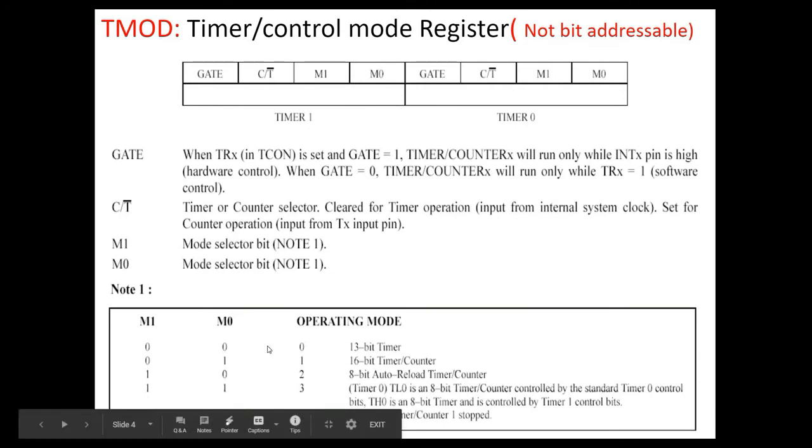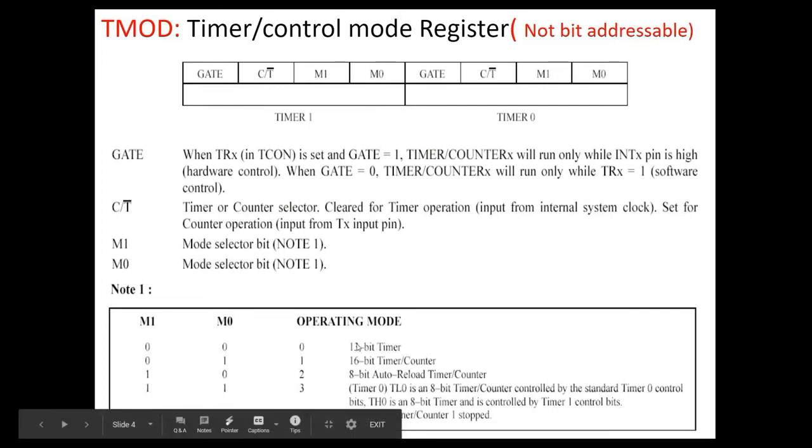Mode 0 means if both the bits are 0, 0, then the timer is selected in mode 0, which is a 13-bit timer.